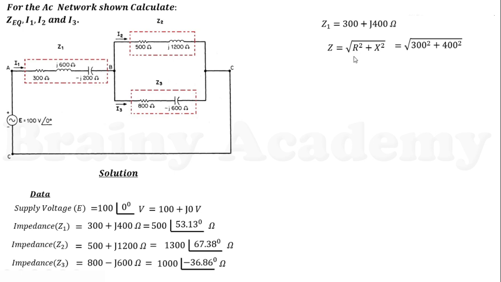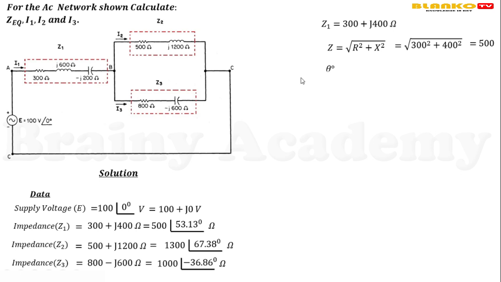R is the resistance and X is the reactance. So we have 300 as the resistance and 400 as the reactance. The magnitude is the square root of 300 squared plus 400 squared, and this is going to give us 500 for the magnitude.